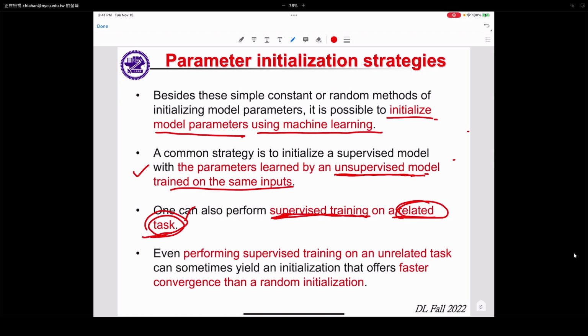And actually, you don't need a related task. You can also use training on an unrelated task. It will help. You just need to get other people's weights. They usually give a better result.